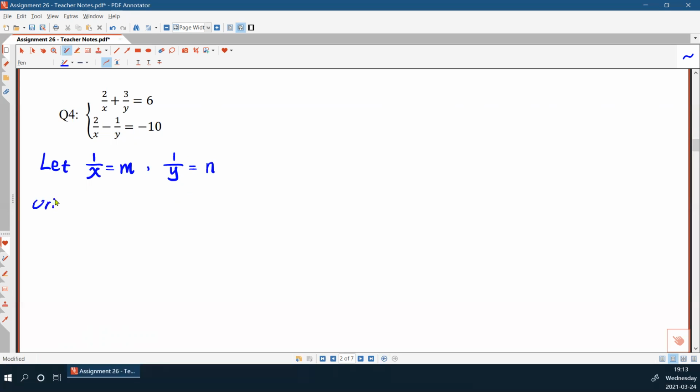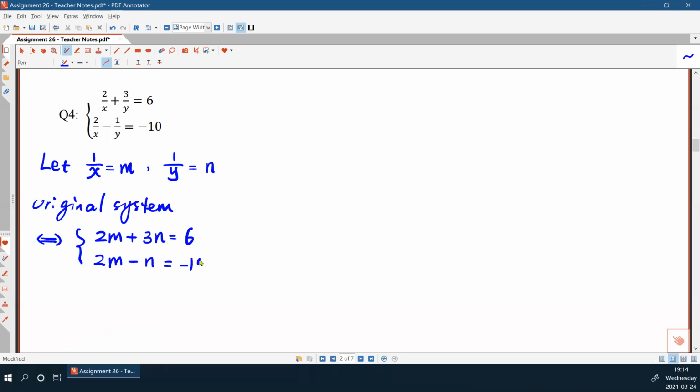So the original system is equivalent to the new system, which is 2m plus 3n equals 6. And 2m minus n is minus 10, right? And now this is a system of linear equations.